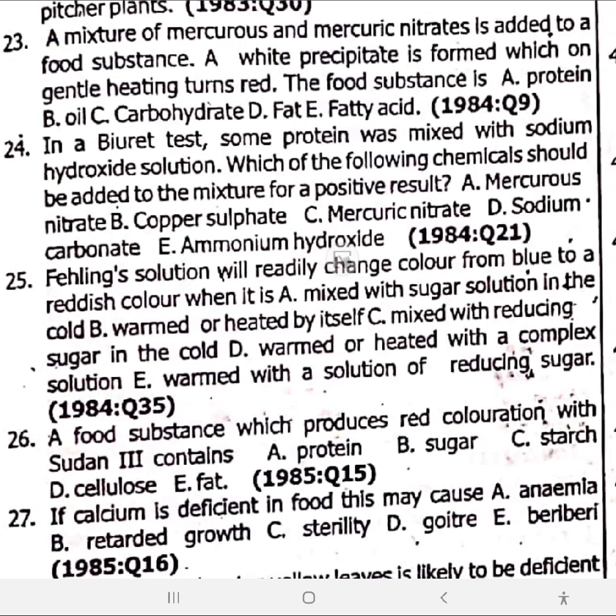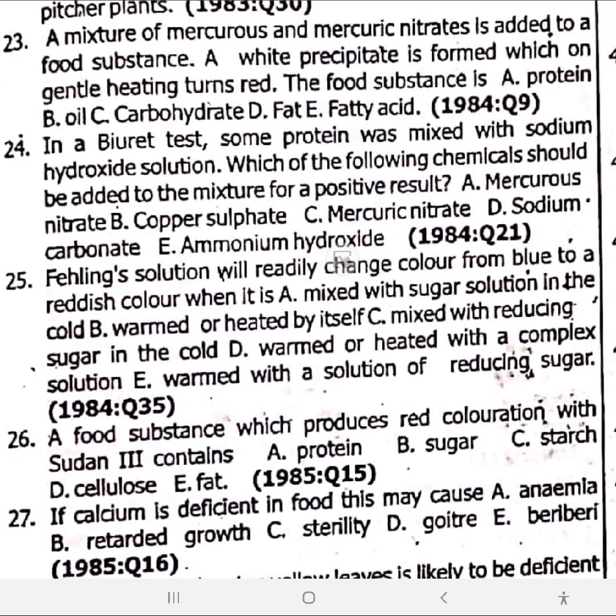Number two, Biuret test. Biuret test or Biuret solution is also used to test for protein. No heating is required. It gives a violet or purple coloration for protein. It gives a pink coloration for peptones.